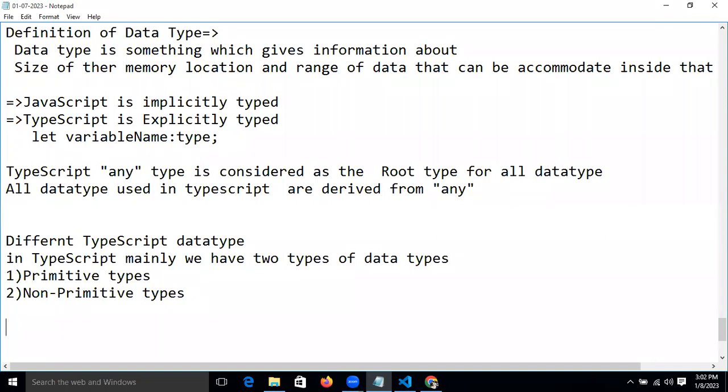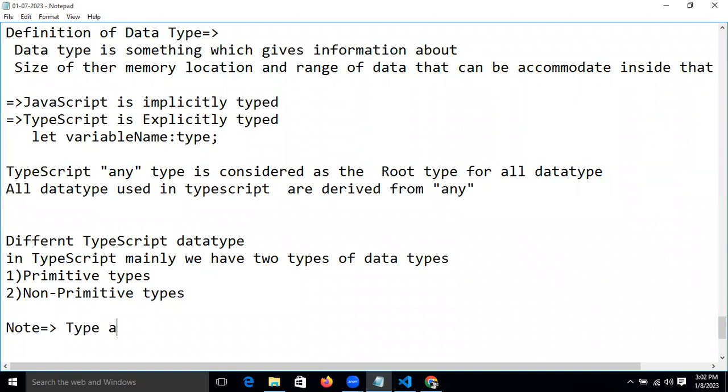So there are some more data types, guys. Just note, I'm giving the notes now.